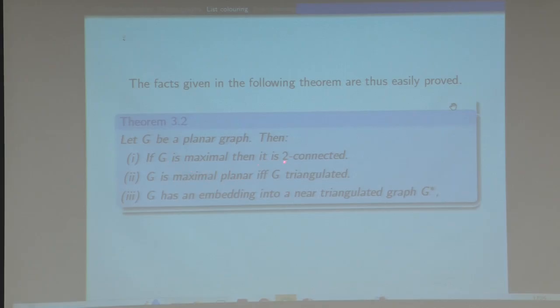If G is maximal planar, then it is even two connected, and it is triangulated. And a given graph has an embedding in the sense of adding extra edges, that is what it means.